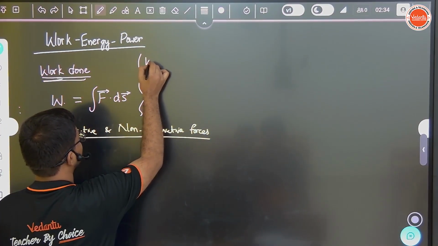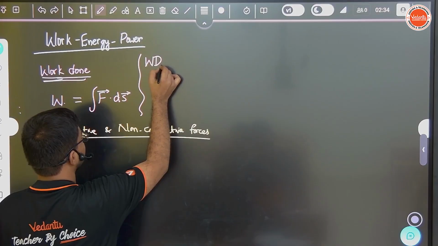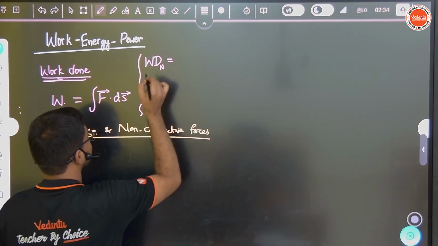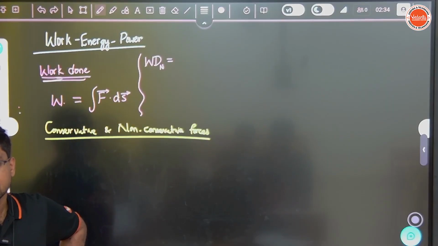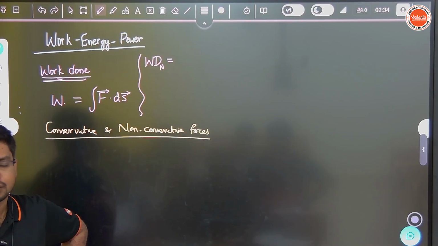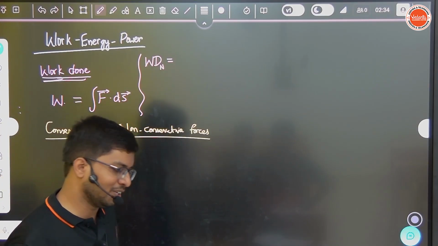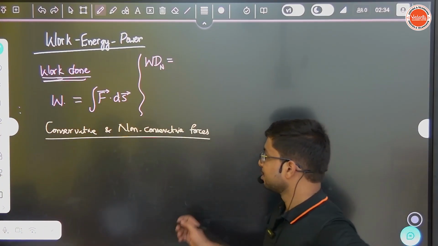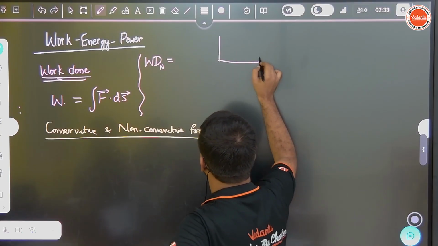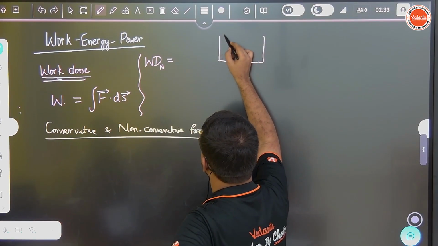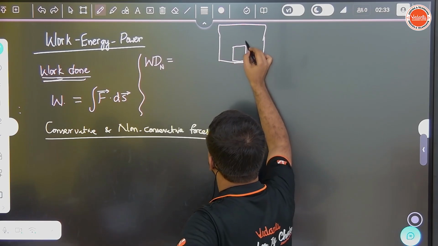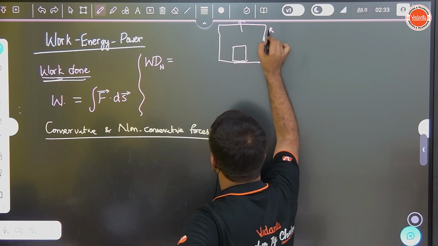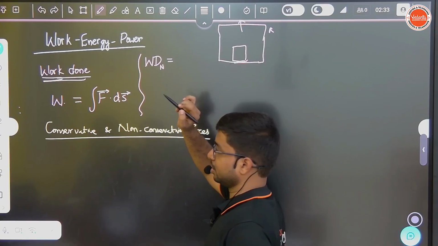Before that, I just want to give you one point here. What is the work done by normal reaction in any case? Zero only. No, sometimes it is non-zero also. Let us say there is some kind of lift available here and a block is present on this and you are accelerating it upwards, right?